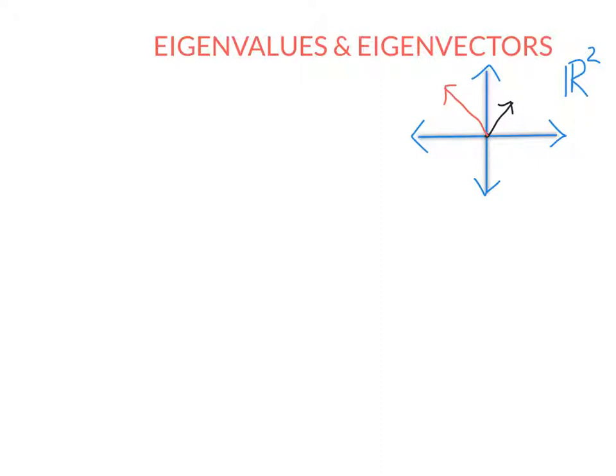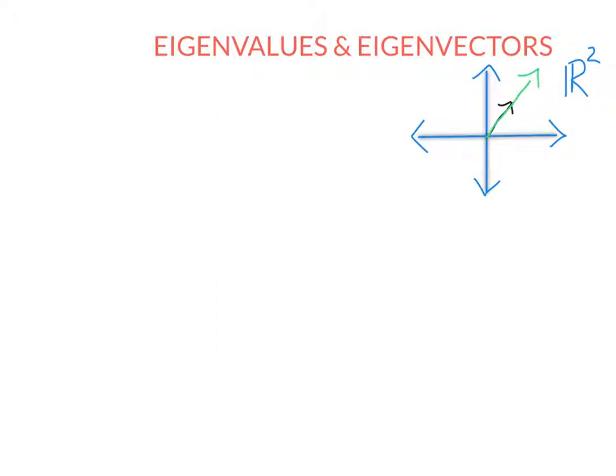So when we're looking at eigenvalues and eigenvectors, we're motivated by this fact. If you take any matrix for a linear transformation, there's a subset of vectors for which this linear transformation only stretches them. What that will look like, it'll take this black vector and move it to a vector like this.